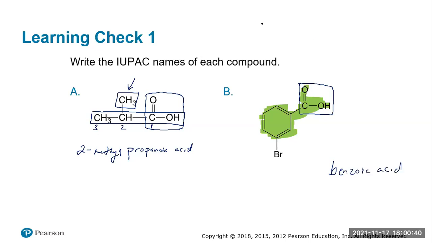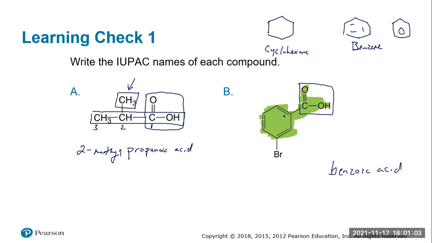Also a reminder that when we see a ring that has no double bonds, that is cyclohexane. But here, when we see a ring that has 3 double bonds, that is benzene. Sometimes it is drawn with a circle in the middle.